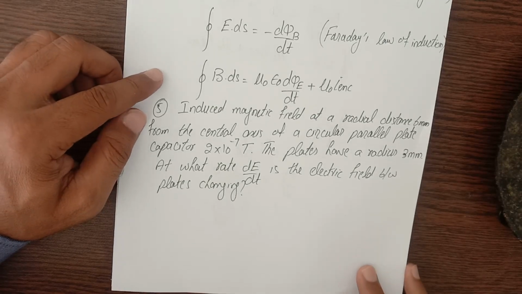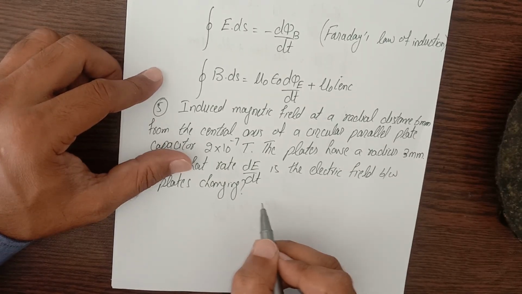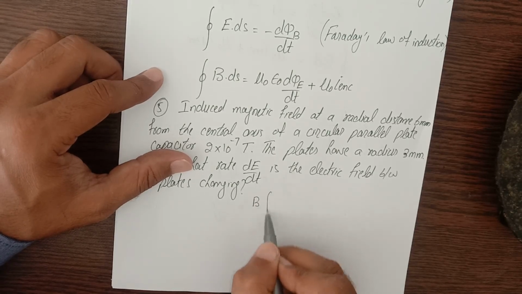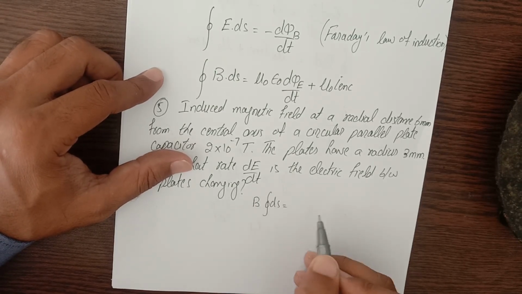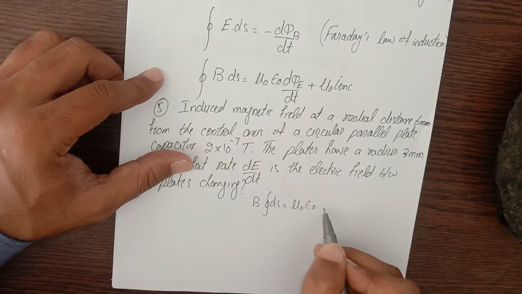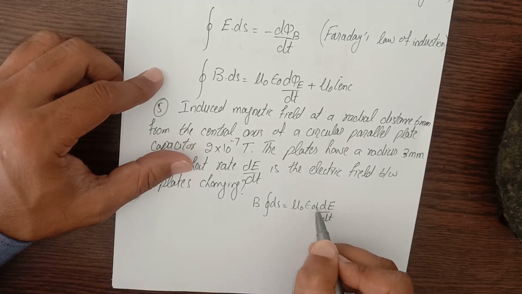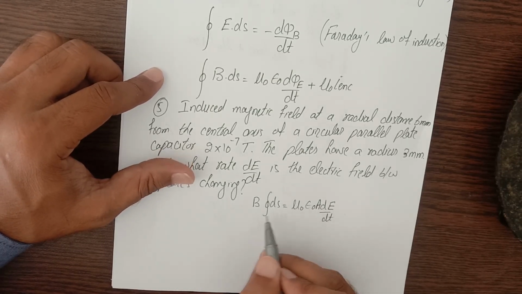Now using the relationship, since we have a uniform magnetic field, I can write B into ds equals mu naught epsilon naught dE by dt, and I can write A over here.